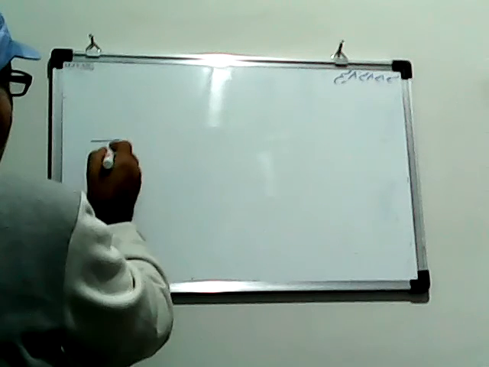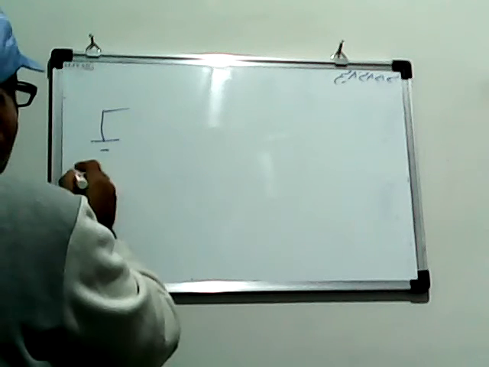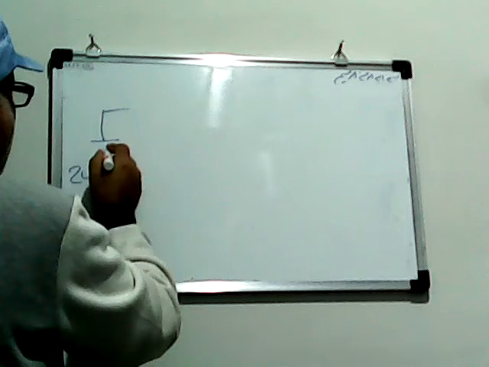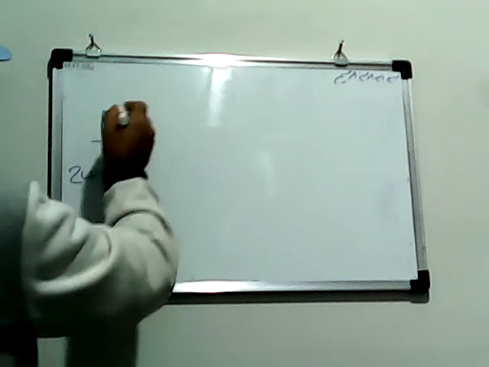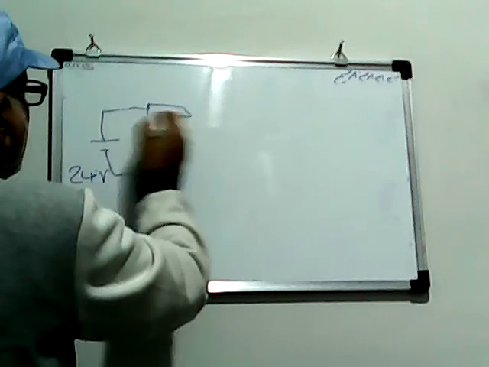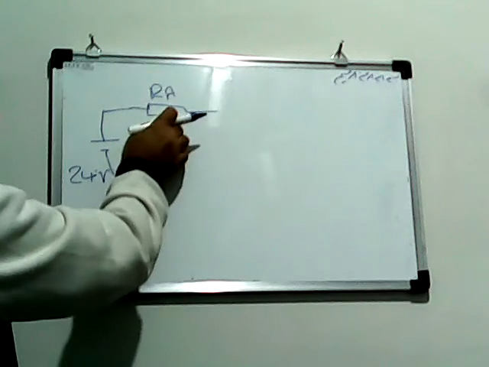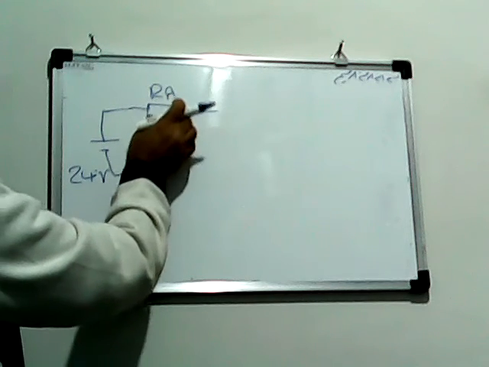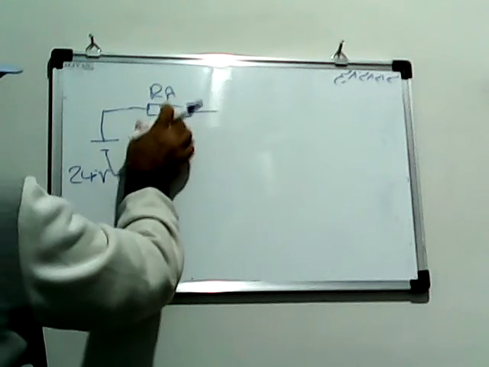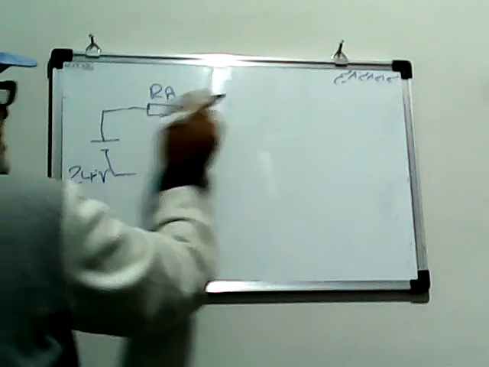Over here you put a 24 volt battery, and here you put a wire or brake resistance RA.